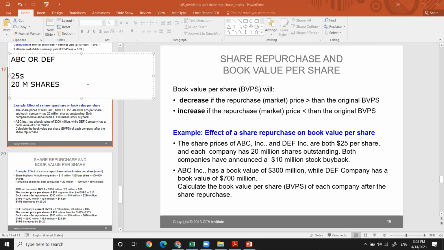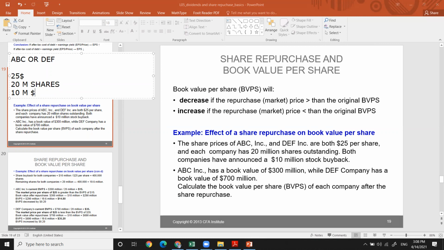And both companies are planning to buy back 10 million of shares.